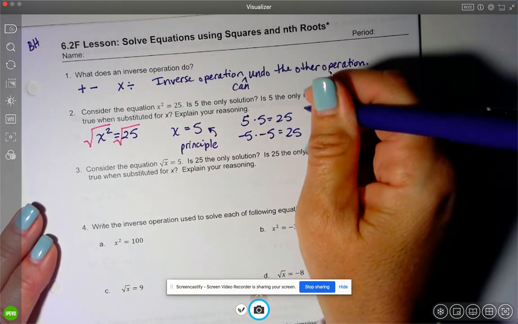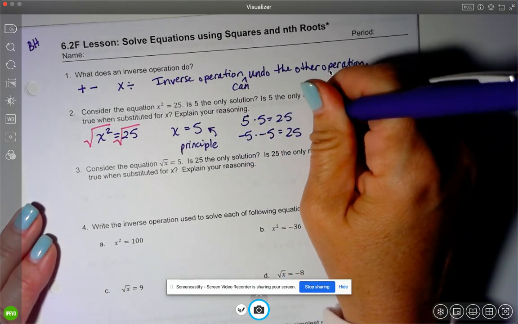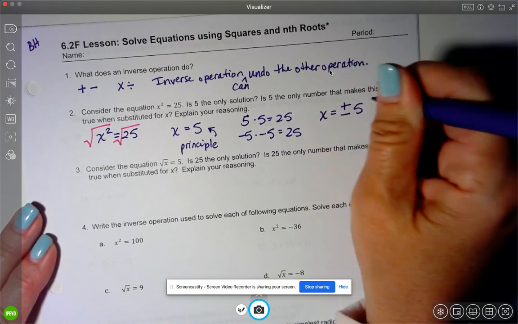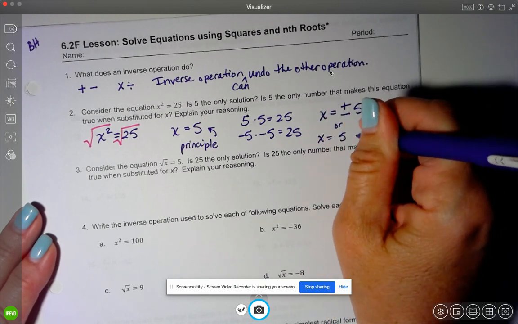So we'd say that actually x equals positive and negative 5. So you can write it like that, or you can say x equals 5 and negative 5.